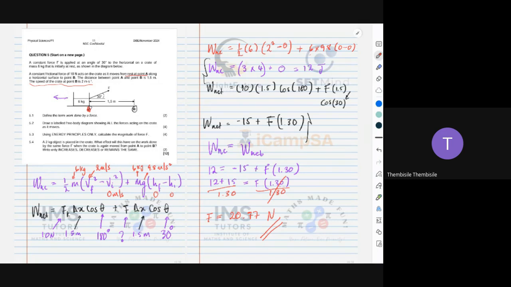So the last question asks: a 2 kg object is placed inside the crate. What effect will this have on the work done by the same force F when the crate is again moved from point A to point B?